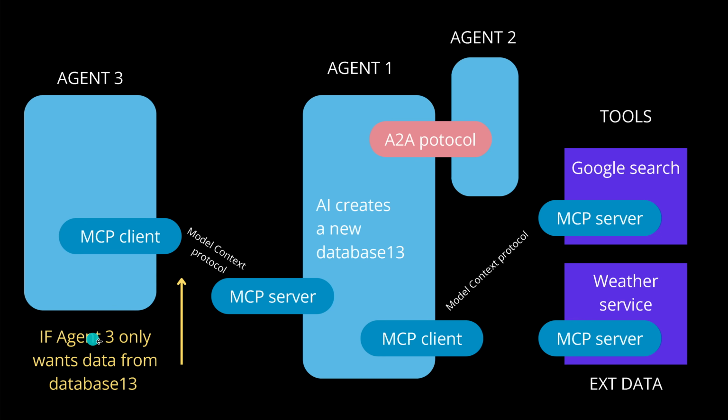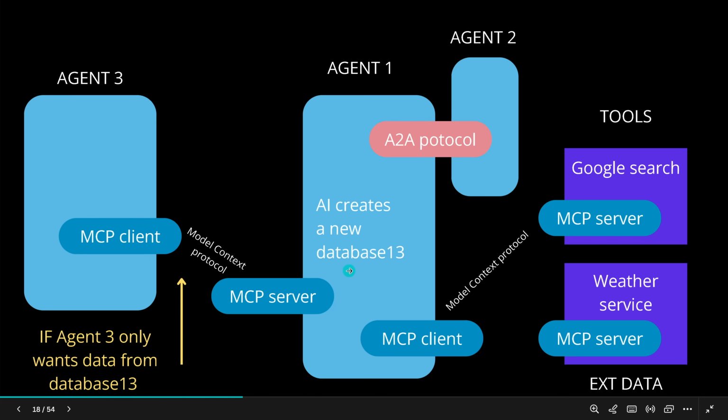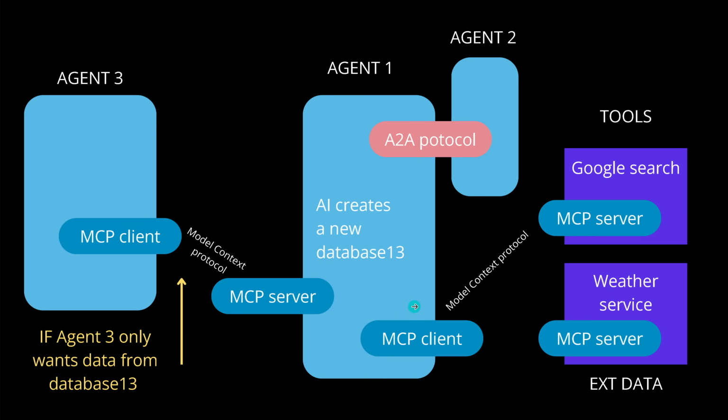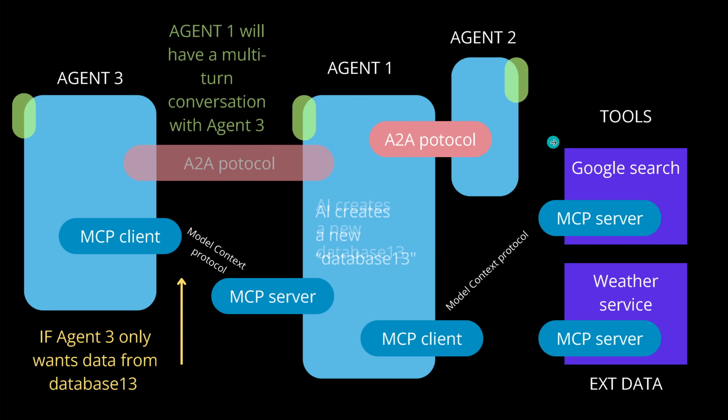So if agent 3 only wants data from database 13, you see our agent can incorporate the architecture of an MCP client, of an MCP server, and if you want the agents to collaborate on an artificial intelligence level, you can now activate the A2A protocol. This only if agent 1 will have a multi-turn conversation with agent 3, if they have to exchange something about the strategy, about the reasoning process, about how they work together.